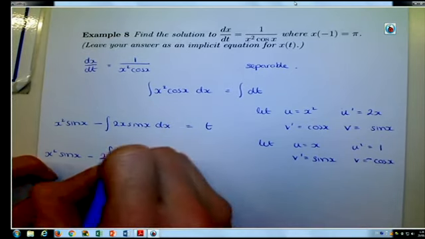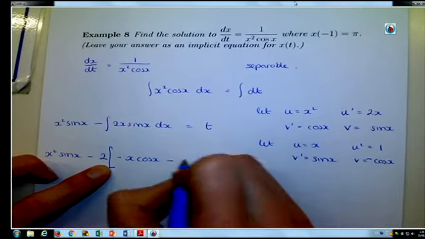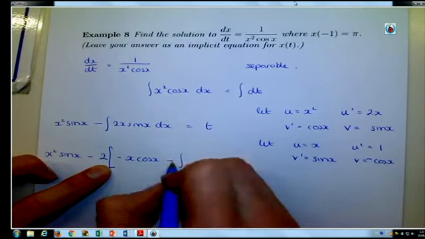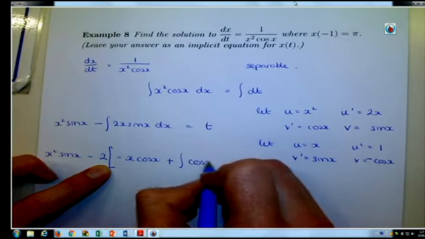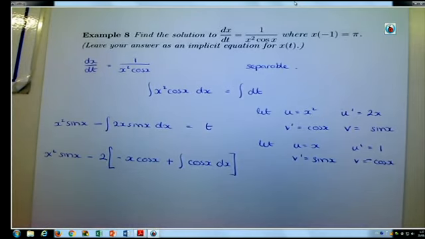So these 2 here, minus the integral of those 2, that turns into a plus. Okay, and now I've got an integral that I can just do, right? The integral of cos.